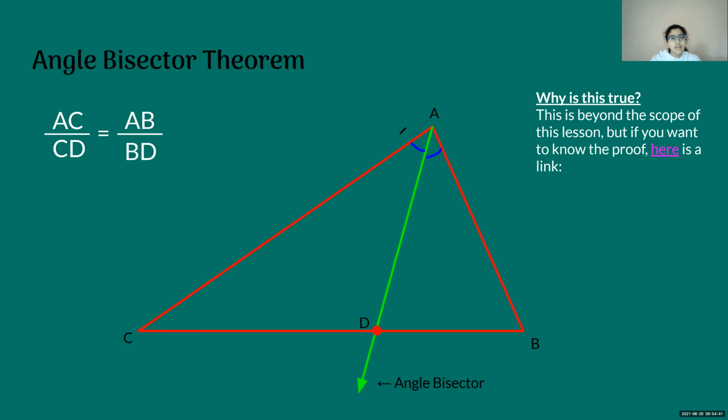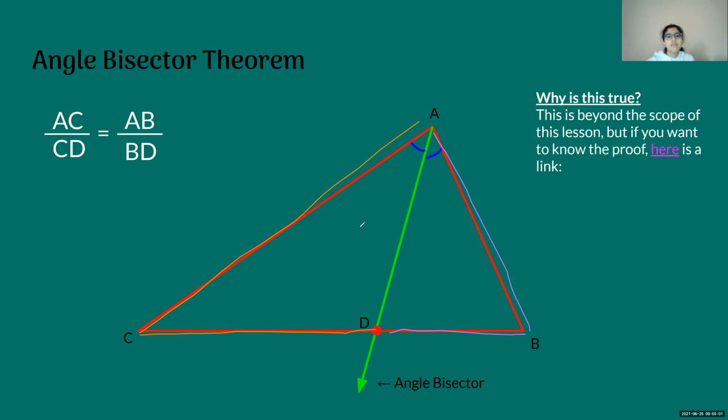So basically the ratio of this side to this side is equal to the ratio of this side to this side. So these form a ratio to one another.